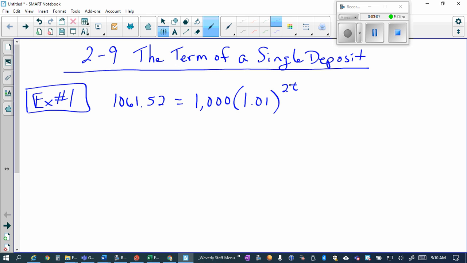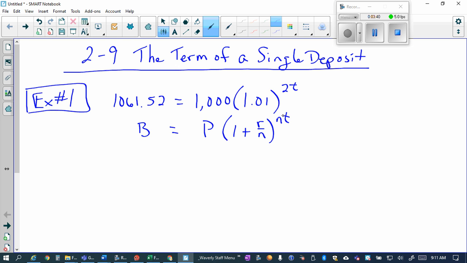That is our formula, B equals P times (1 plus R over N) to the NT, right? You see how I wrote it underneath so it lines up? And they want to know what the annual rate is, that 1.01 up there. Do you think it's 0.01?